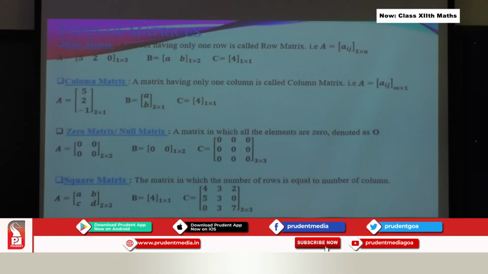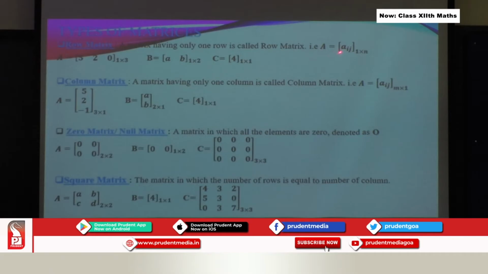Now let us start with types of matrices. When we talk about types, the first type is the row matrix. When you look at the word itself, you will understand: a matrix having only one row is called a row matrix.